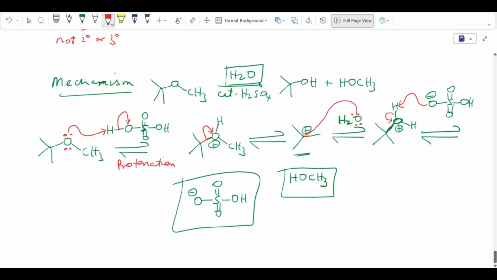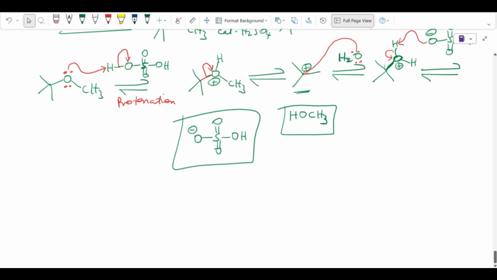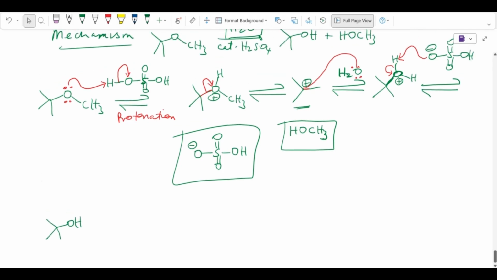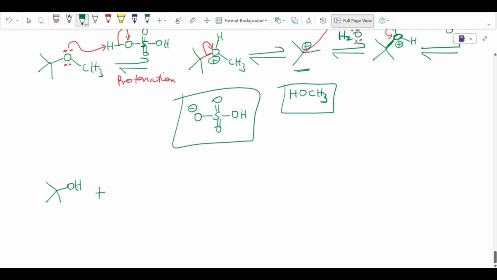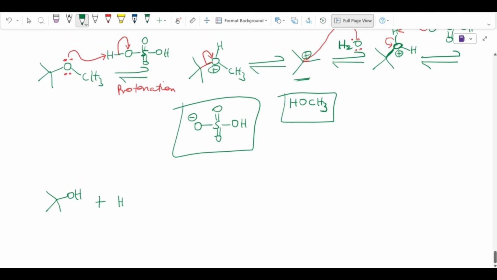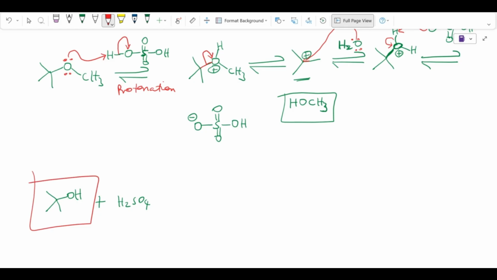So you have your acid-base reaction. Now your final product will be this tertiary alcohol, and of course, the catalytic acid is regenerated. So the alcohols that we formed here are this tertiary alcohol and this methanol.